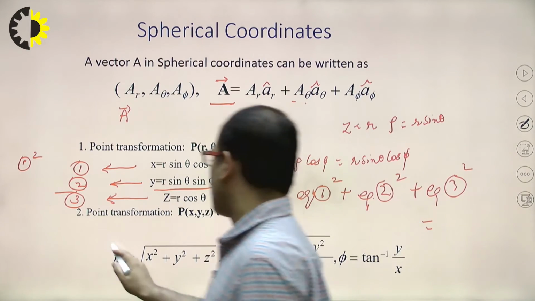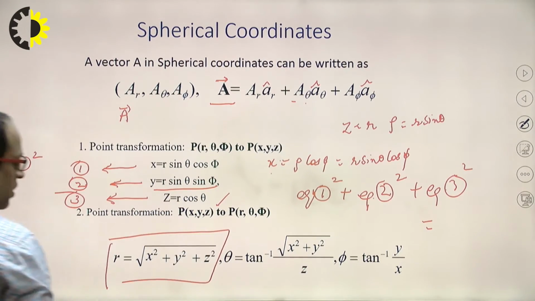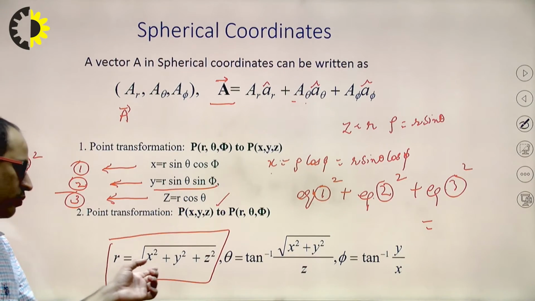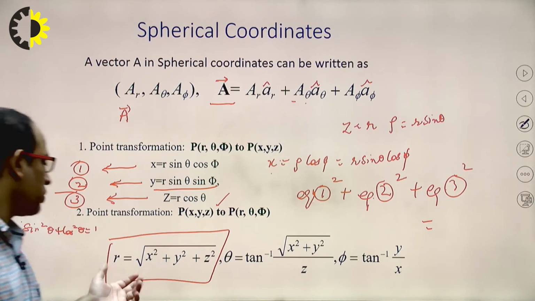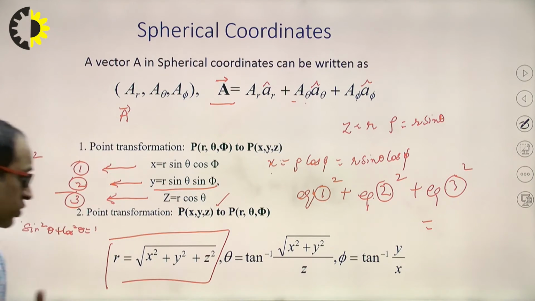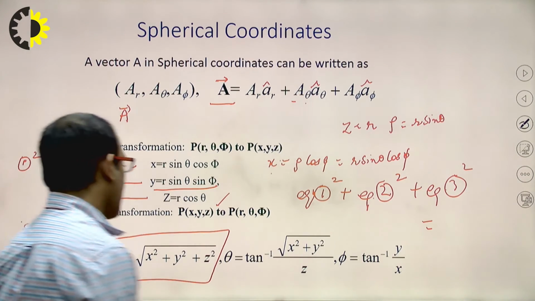You will get r equal to the square root of x square plus y square plus z square. You will use the identity that sin square theta plus cos square theta equals 1. This identity will be used. Then you will get r equal to root of x square plus y square plus z square.